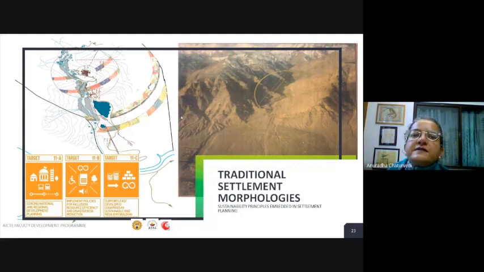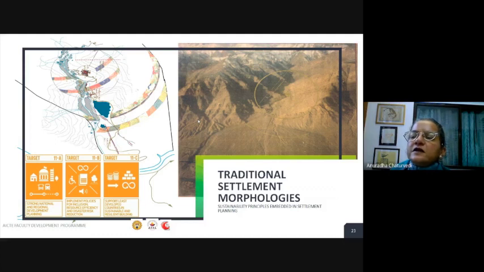So, this links up with the Sustainable Development Goals 11 and the targets 11A, 11B, and 11C. The Sustainable Development Goal 11, related to sustainable cities and communities, mentions that it is necessary to have strong national and regional development planning.